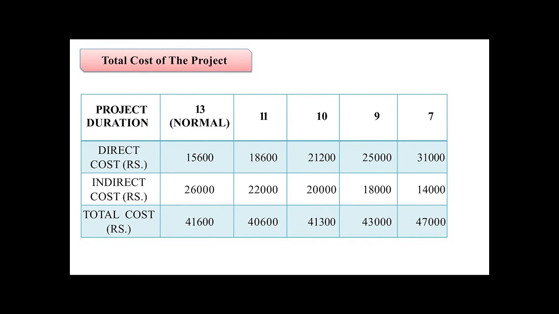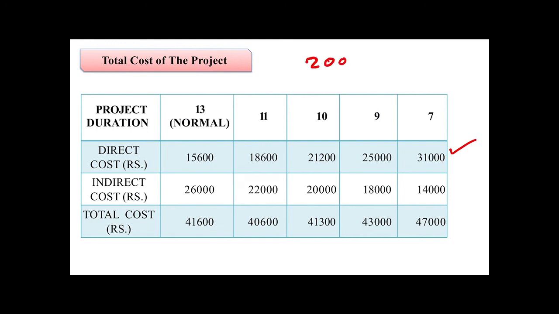The direct cost we calculated for 13 weeks is the normal cost. Then we crash by 2 weeks, then 1 week, again 1 week, and then 2 weeks. The total cost is direct cost plus indirect cost, and direct cost is the cost of normal activity plus the crashing cost. This we have calculated.